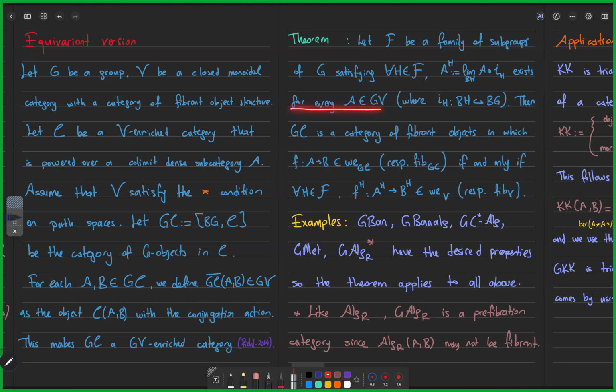And for every object A in GV, A to the H fixed points for every A in GV.